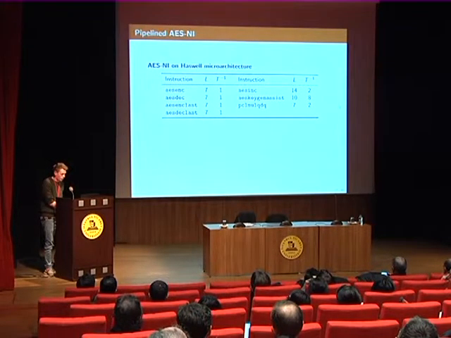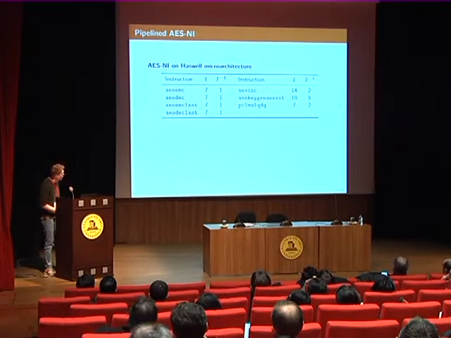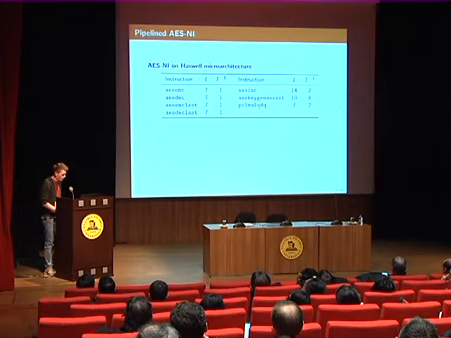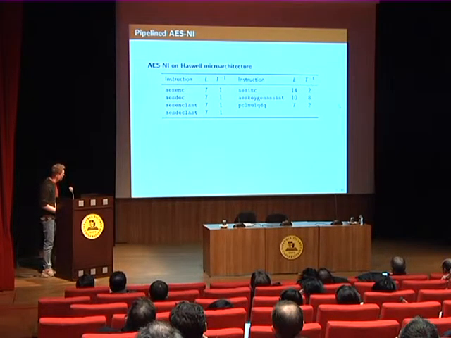If we look at how these AES-NI instructions look like with respect to latency and throughput on Haswell, we see that on the left-hand side here, arguably the most important instructions, the encryption operations, all have a latency of 7 cycles and an inverse throughput of 1 cycle.